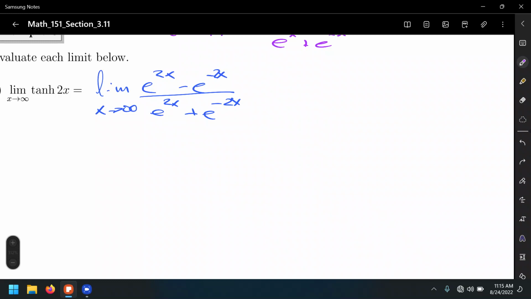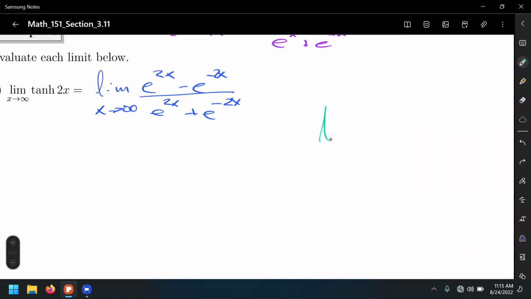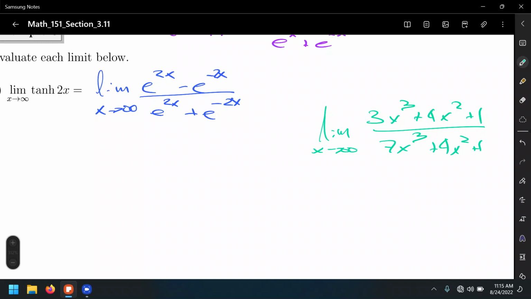Let's go even further back to pre-calculus and Calculus 1 together. When it came to finding limits, let me just make something up here, something like the limit of 3x cubed plus 4x squared plus 1 over 7x cubed plus 4x squared plus 1 as x approaches infinity.